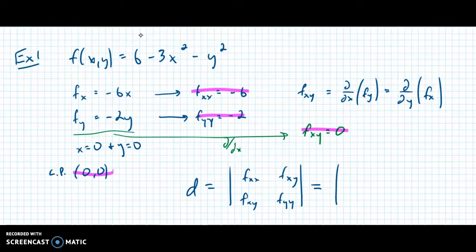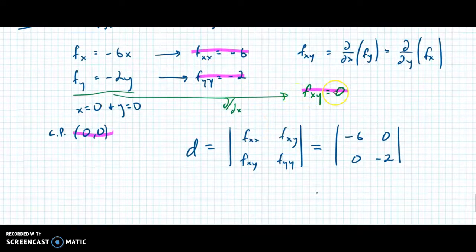What's that? All right, fxx at 0, 0 is just negative 6. fxy is 0, and fyy is negative 2. Remember, that is this product minus that product.